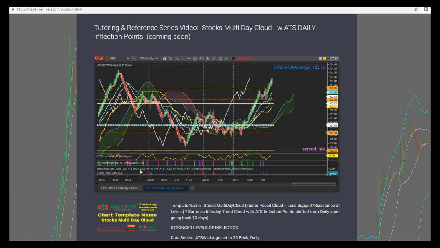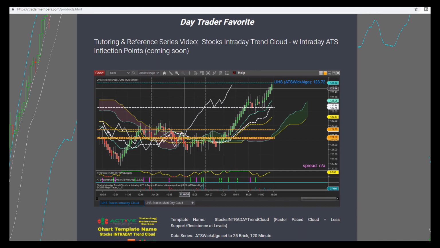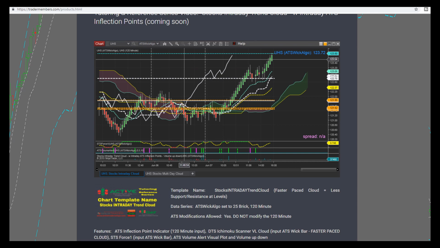You can change the ATS wick on it to the smaller wick and catch the quicker bounce off these levels, but it's different plots than this chart that we're looking at right this moment, the intraday ATS inflection points. This is the faster paced cloud on both these charts I was just speaking about.